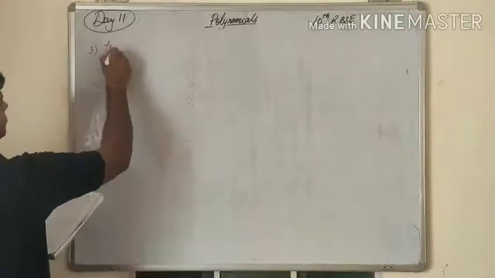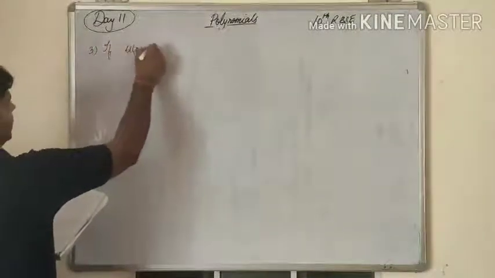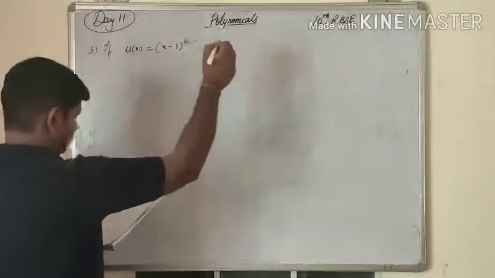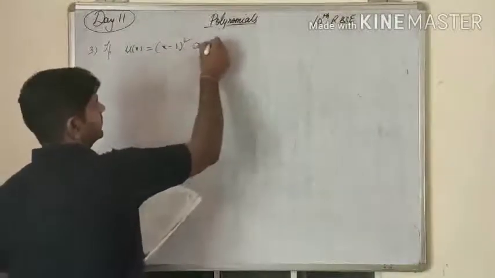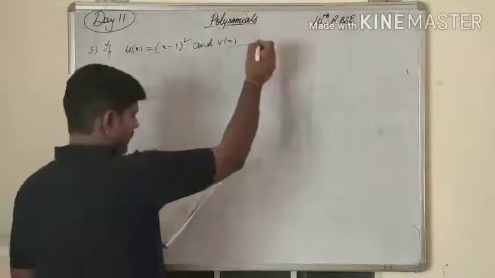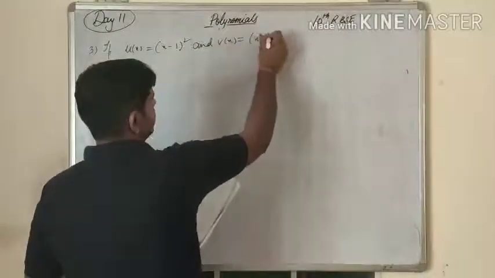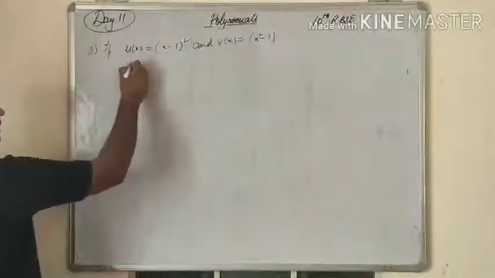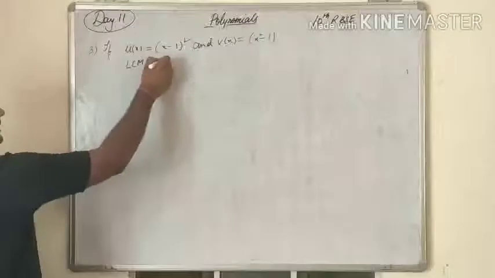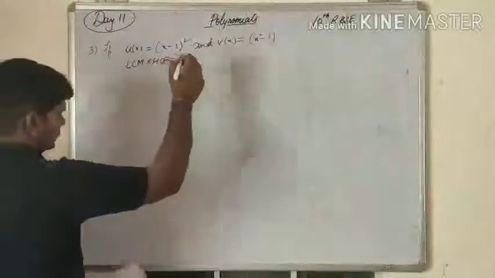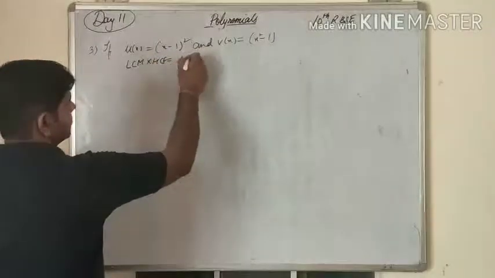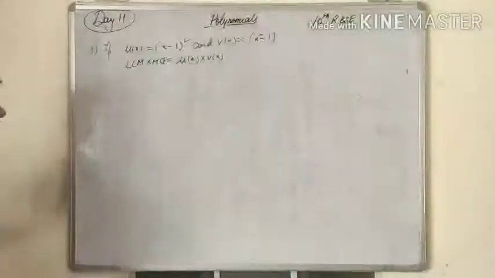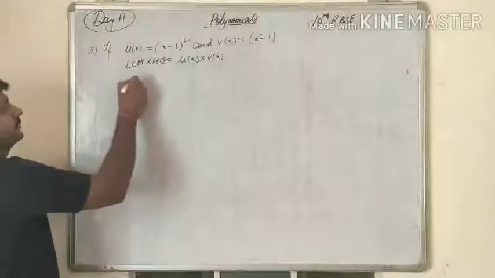If ux equals to x minus 1 whole square and vx equals to x square minus 1. So verify LCM into HCF equals to ux into vx. So I will write first of all HCF of them.